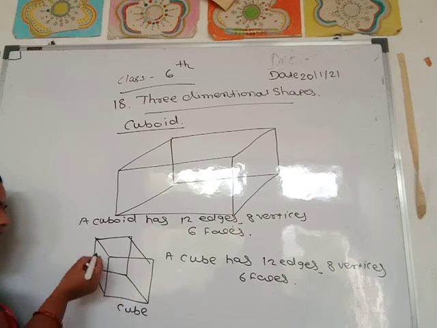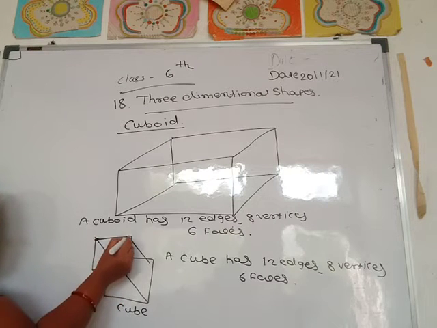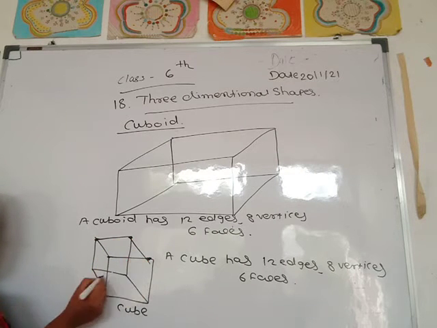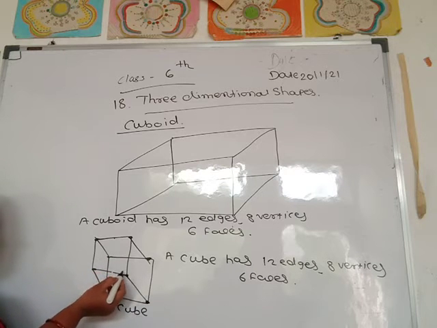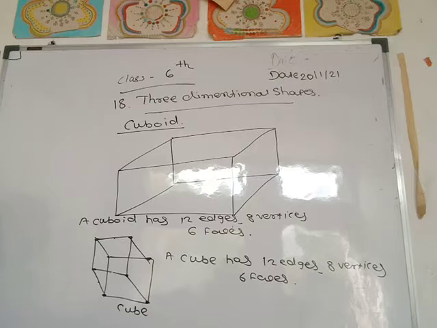You see these vertices: 1, 2, 3, 4, 5, 6, 7, 8. These edges: 1, 2, 3, 4, 5, 6, 7, 8, 9, 10, 11, 12. How many edges? 12 edges. And faces: 1, 2, 3, 4, 5, 6. How many faces? 6 faces.